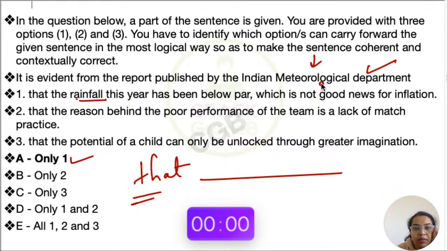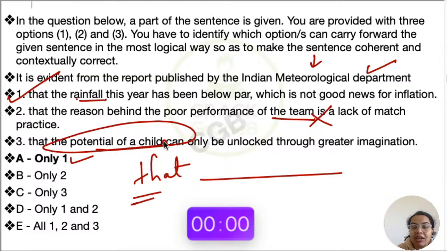Rainfall, meteorological department, connection established. The reason behind the poor performance of the team. See, this report can talk about it, but the report is by this meteorological department. So, what is the sense if I talk about team and the lack of practice? Potential of a child again, not the concern of this department, and that's why only one.